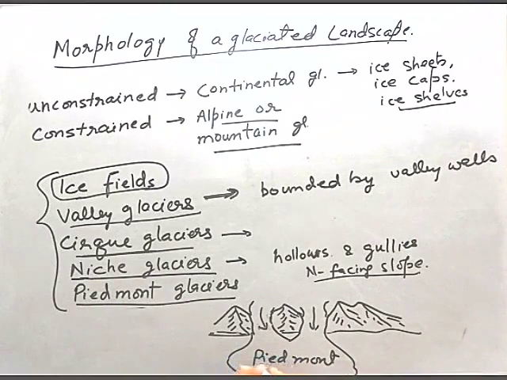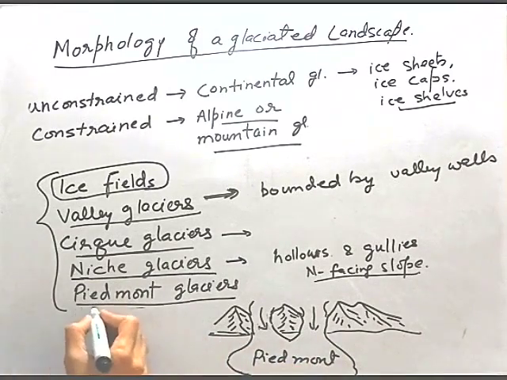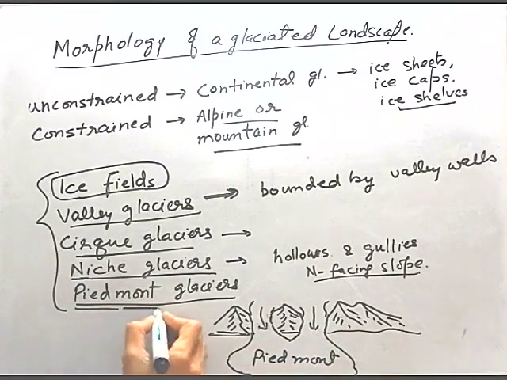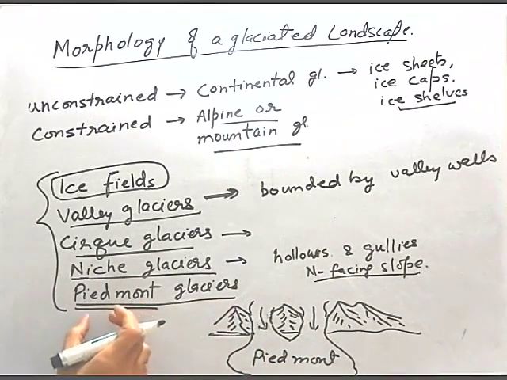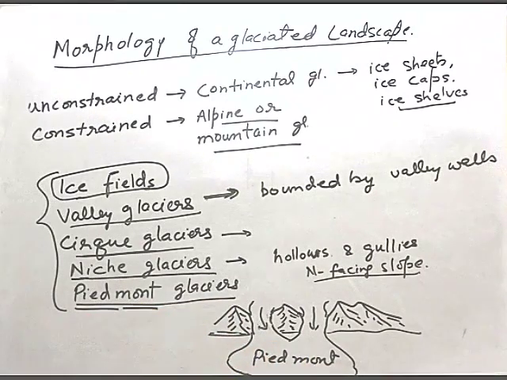The word Piedmont means Pied, foot, and Mont, mountain. The glaciers present at the foot of the mountains are the Piedmont glaciers, and the velocity of ice movement is very, very slow in these Piedmont glaciers.